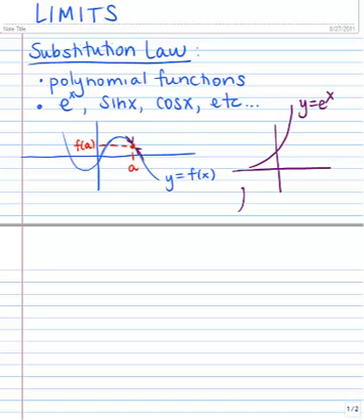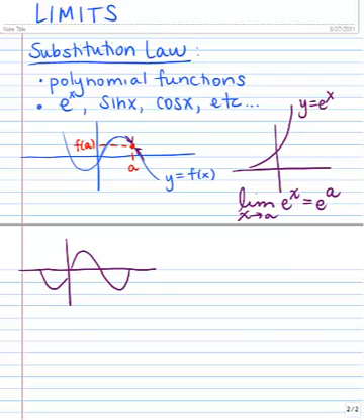So in the case of e to the x, the limit as x approaches a of e to the x would be e to the a. The same sort of thing holds true if you are the sine or the cosine functions.